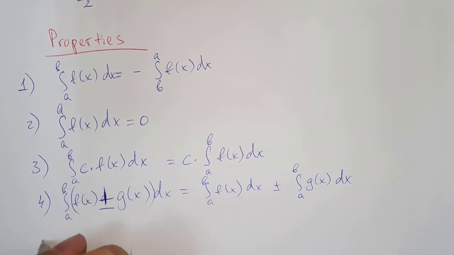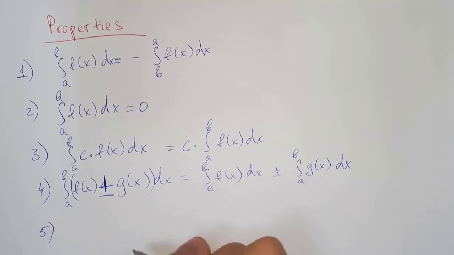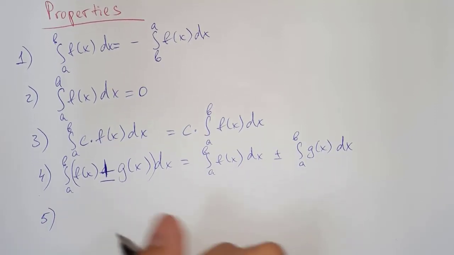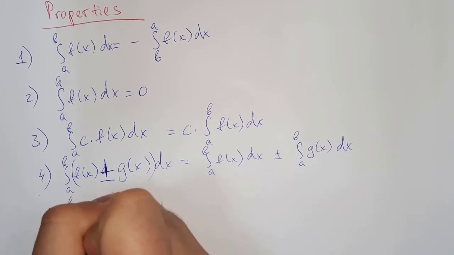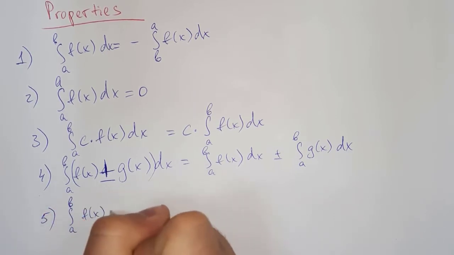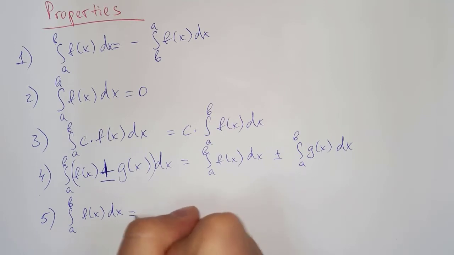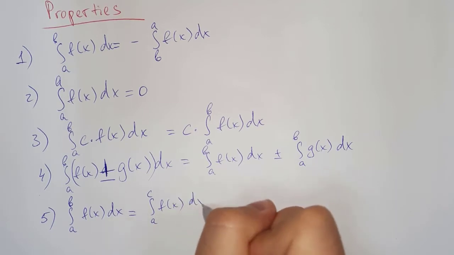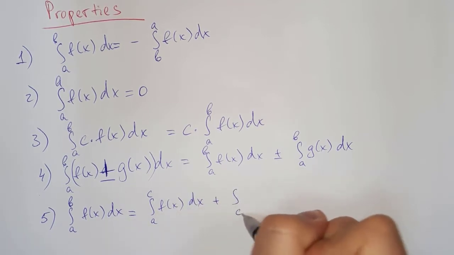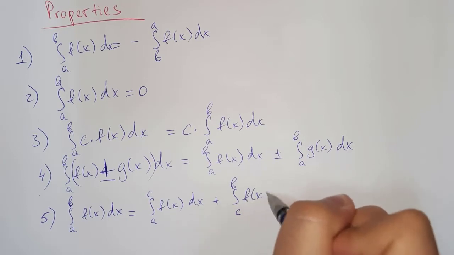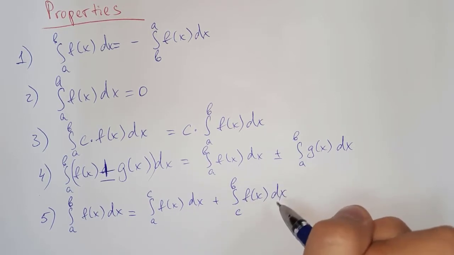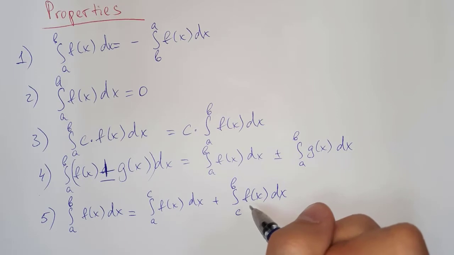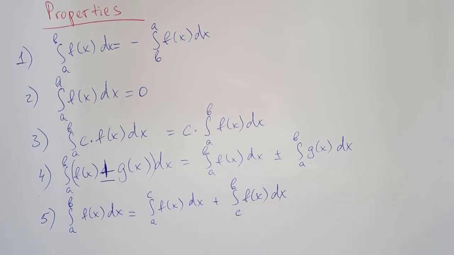Next one. So this is one of the main ones. Integral from a to b of f(x) dx equals the integral from a to c of f(x) dx plus the integral from c to b of f(x) dx, where c is any number. It means we can divide our integral into two integrals.